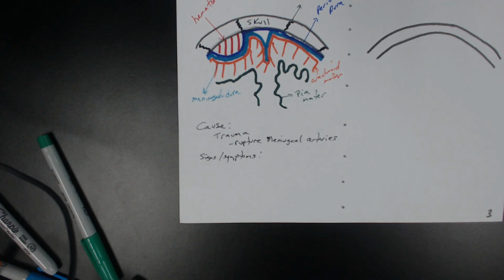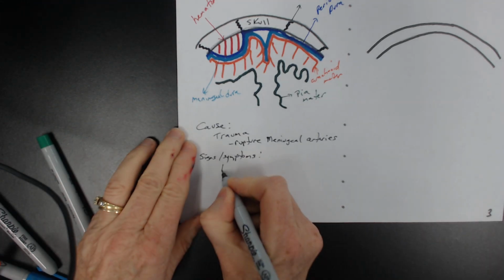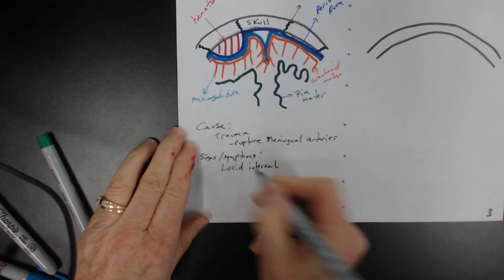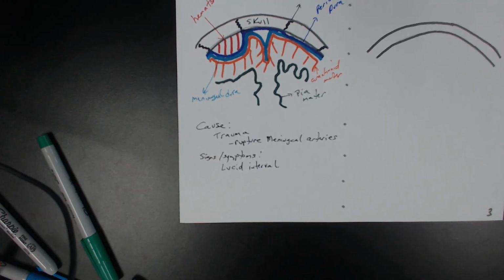Signs and symptoms. One of the biggest signs or symptoms of the epidural is going to be something called a lucid interval. L-U-C-I-D. A lucid interval. Okay, so I'll give you an example, and it might be something similar to what you hear this summer if you have a patient with epidural hematoma. Let's say Grandpa's walking down the steps and he falls, it's in the middle of the night, he hits his head, and family's all concerned.